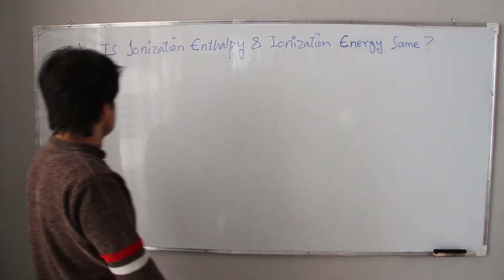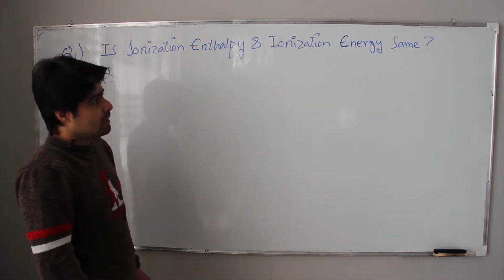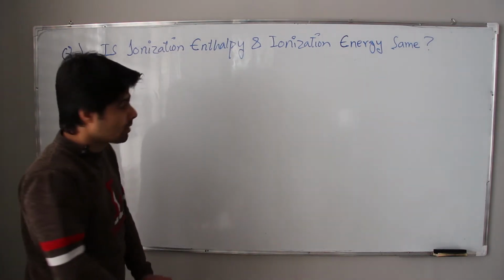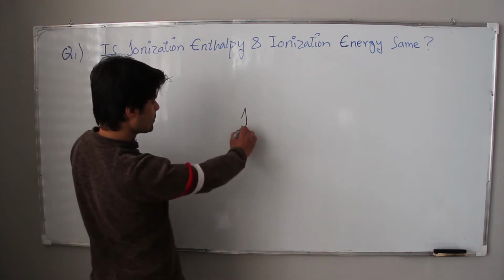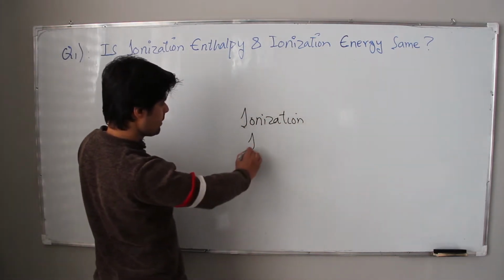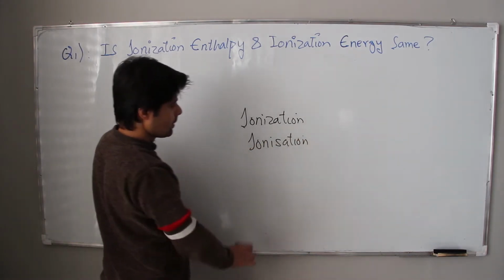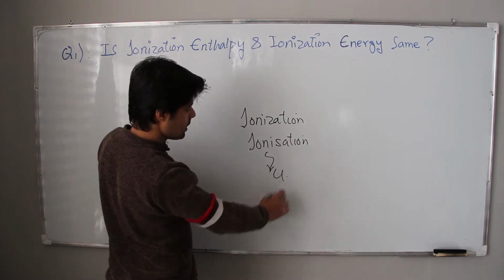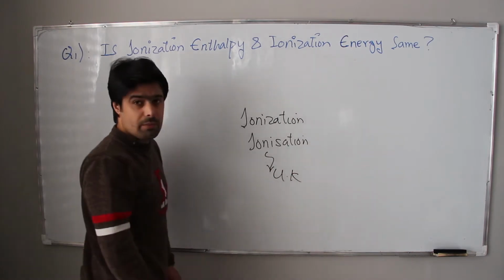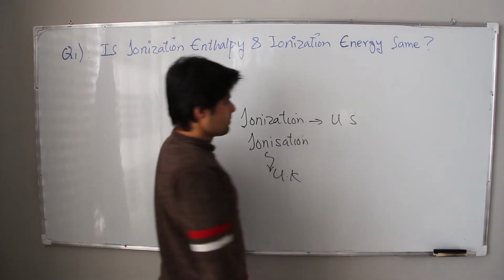The first question that we have is: are ionization enthalpy and ionization energy the same or not? One thing more I have to say, if I write ionization and if I write ionisation, both are the same. This one is the spelling for UK people, and this one is for US people.